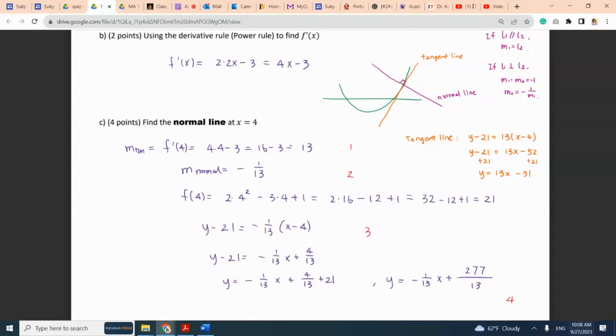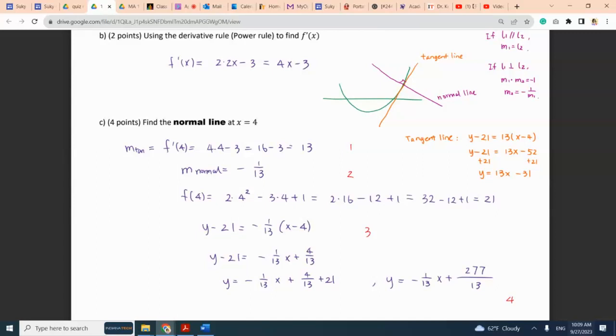You also need the slope. The point on the line, we know the x coordinate is 4. To find the y coordinate, you plug 4 into the function. Right, everybody? So you plug in 4: 2 times 4 squared minus 3 times 4 plus 1, and you get 21. So the point is (4, 21).